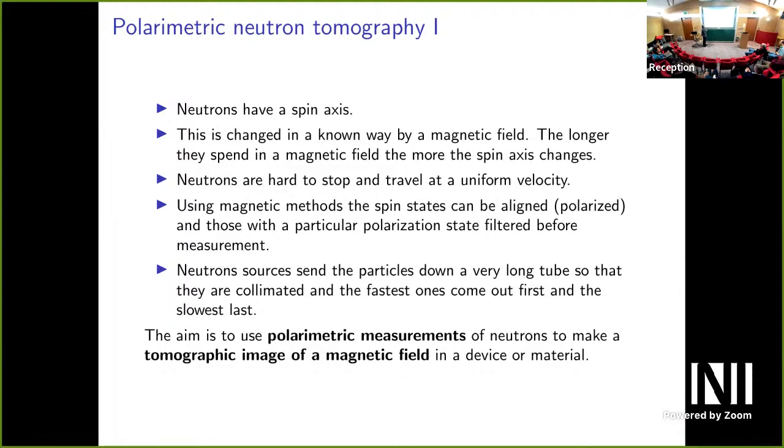So, polarized neutrons. I mentioned already, neutrons have a spin, I think like a little spinning top rather than just a ball, and this spin, like an axis, precesses when it's in a magnetic field. So it moves depending on the orientation of the magnetic field. And actually, the neutron only cares how long it's put in the magnetic field.